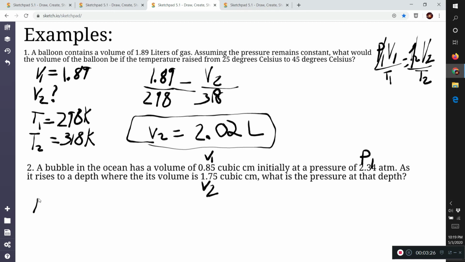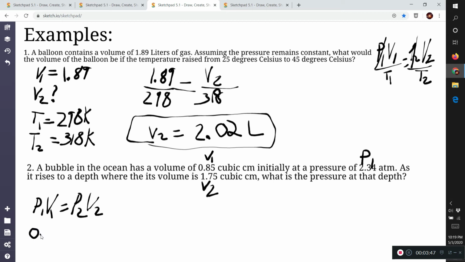So our formula is going to look like this. P1 V1 equals P2 V2. So this would technically be using Boyle's law, but it's just a version of the combined gas law. So I'm going to plug that in. I get 0.85.